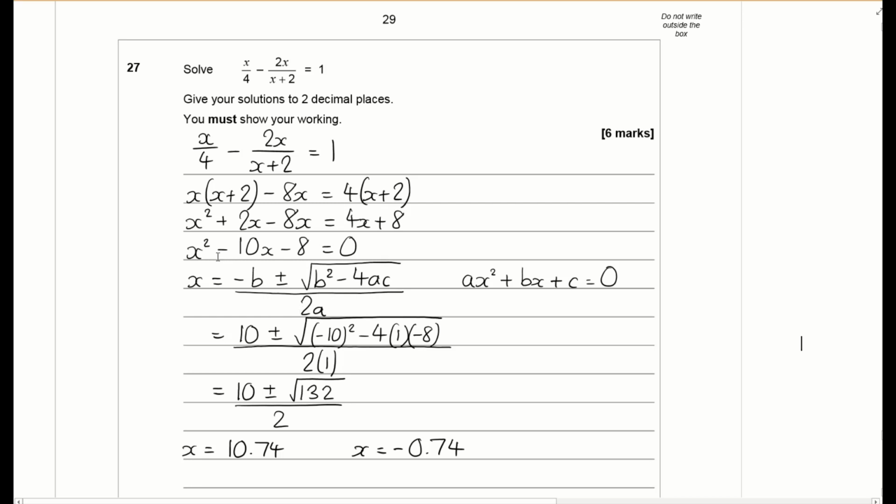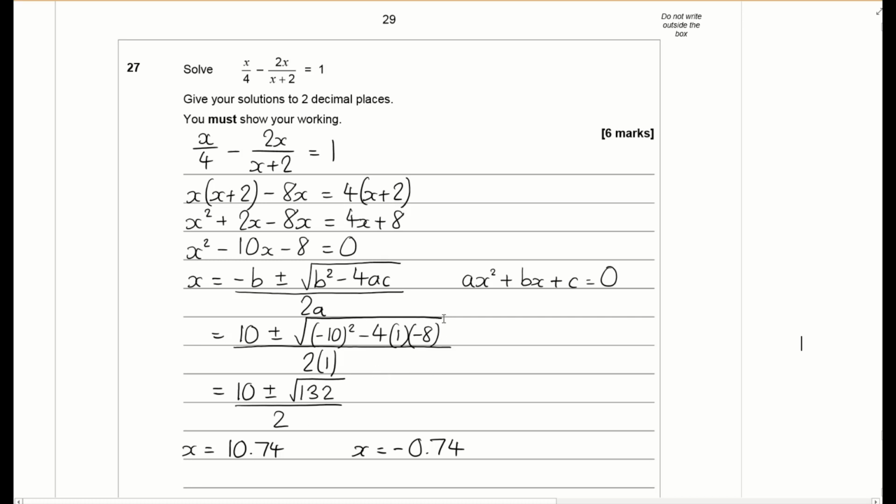Well, b itself is negative 10, so negative b will be positive 10. Plus or minus b squared. Well, this part's always going to be positive here anyway, regardless of negative or positive. Negative 10 squared minus 4 times a, which is 1, times c, which is negative 8, all over 2 times 1. So equals 10 plus or minus the square root of 132 over 2.